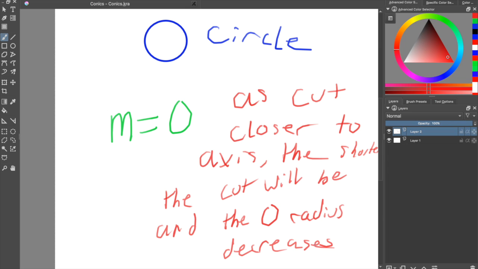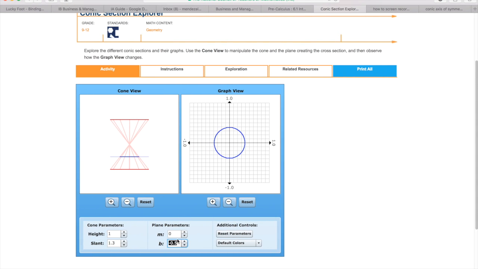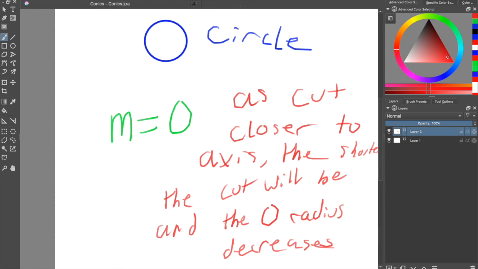Also, another interesting aspect, regardless of the height or the y-intercept, the cut will always be parallel to the base. Remember, base is a bit tricky because there's no base, but it stays parallel.